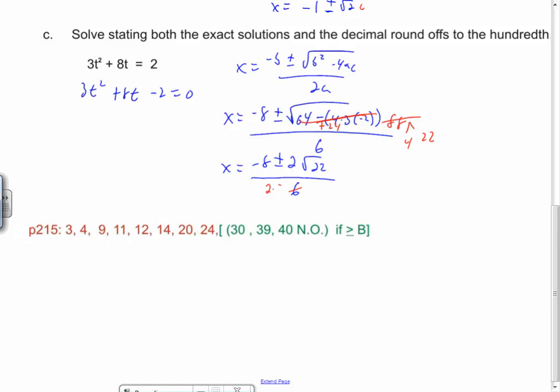Most people do the shortcut, just make sure whenever you simplify, it goes into both terms. So 2 goes into negative 8, leaving you a negative 4. 2 goes into 2, leaving you a 1, right? So what are our exact answers? X equals negative 4 plus or minus the square root of 22 all over 3.